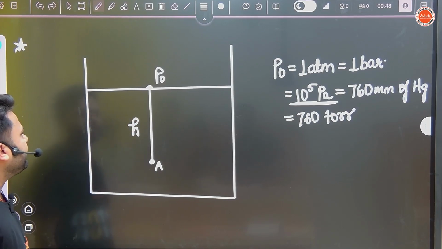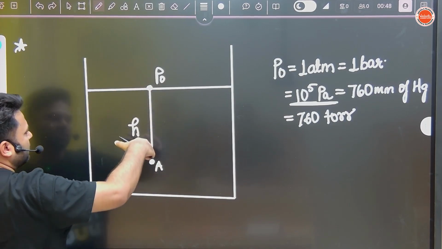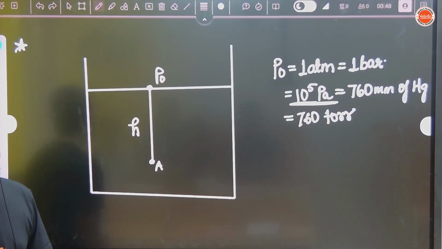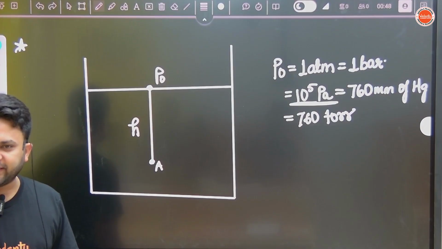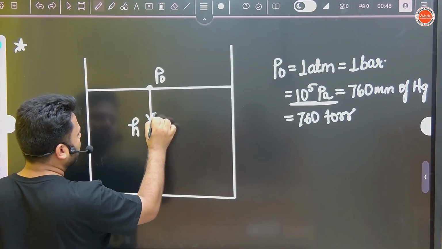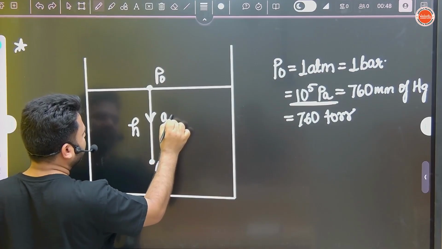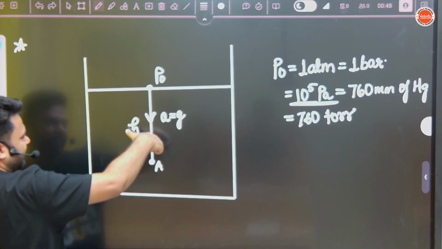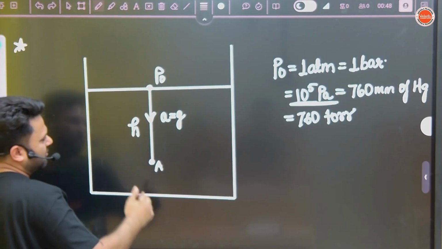See, what I am saying, as you go down, is there any acceleration? Yes, acceleration due to gravity. As we go down, we have acceleration equal to gravity. So in this direction, acceleration is there, means this point will have more pressure.